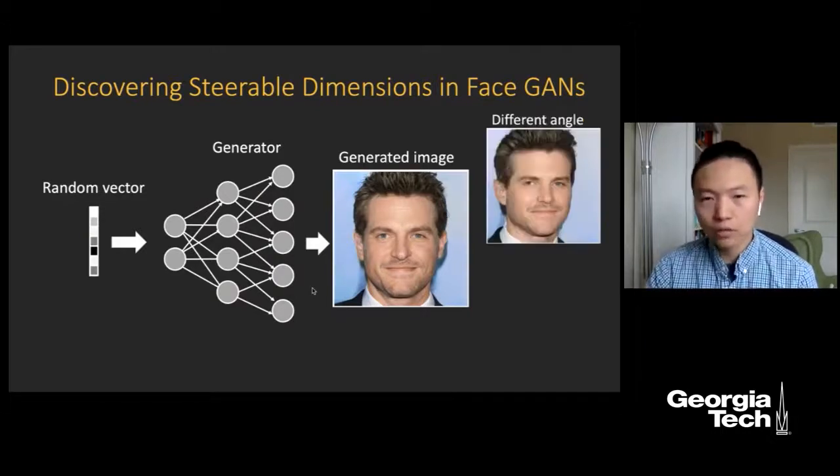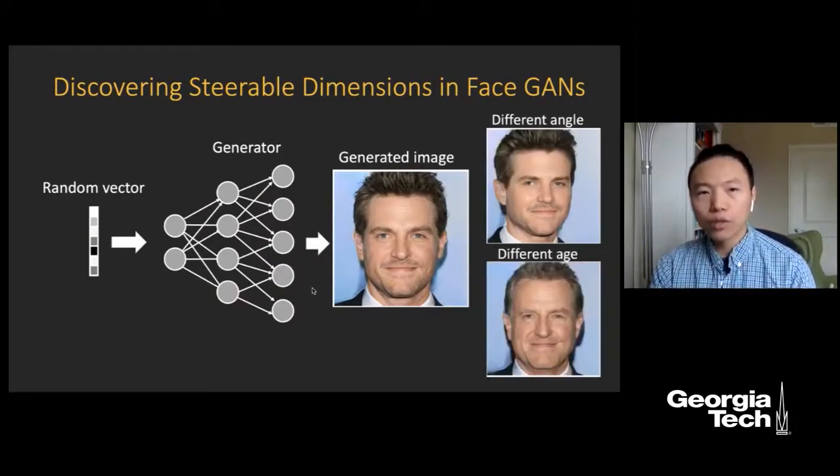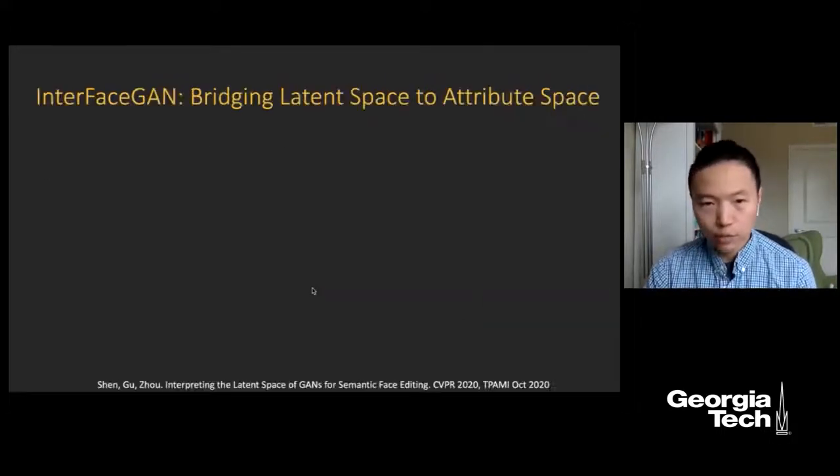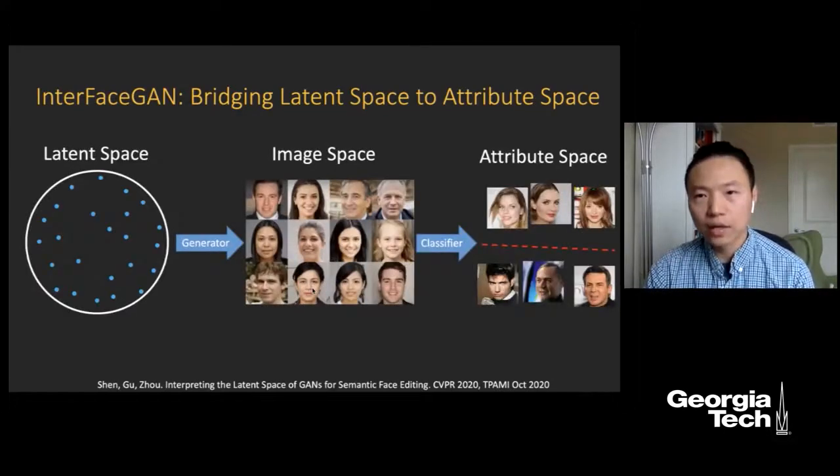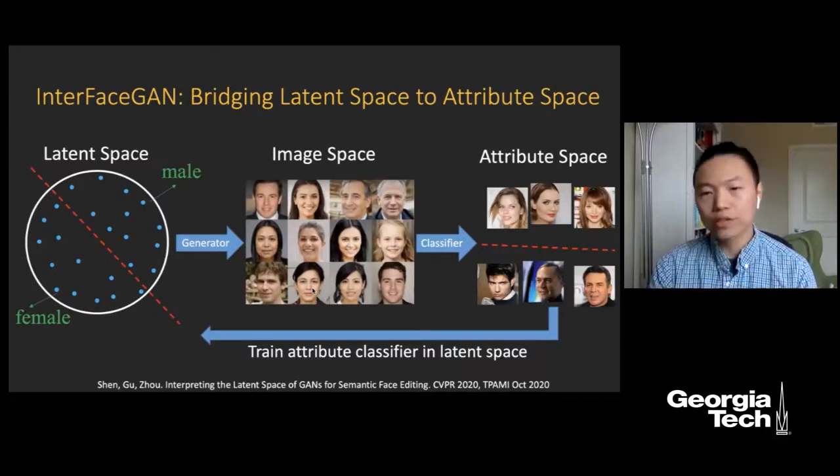We also have this recent work where we want to identify the steerable dimensions in face GANs. We call this work InterFaceGAN, which bridges the latent space of the generators and the attribute space. The framework itself is very similar, but we analyze the semantic relations between different facial attributes.